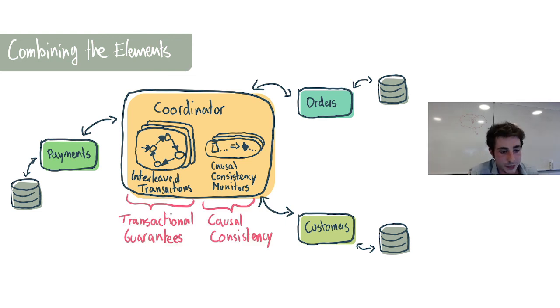So on the left side, we have interleaved transactions, which ensures transactional guarantees, while on the right side, we have causal consistency monitors to ensure causal consistency.